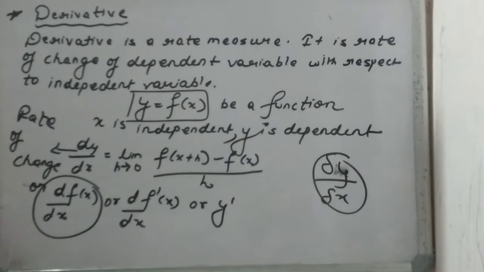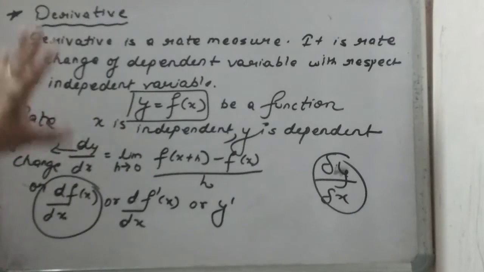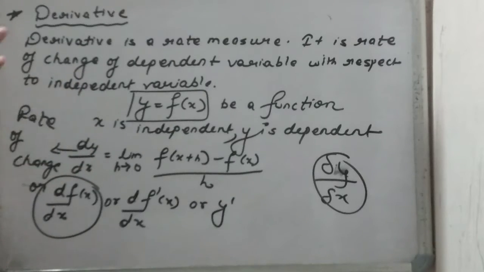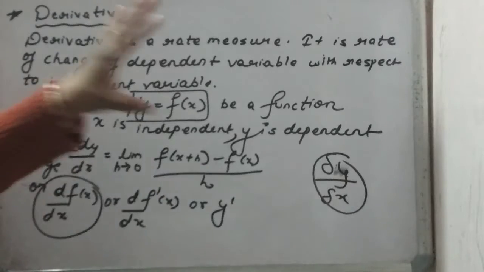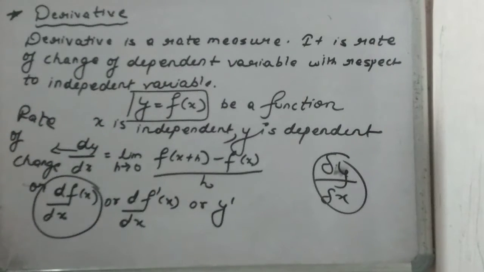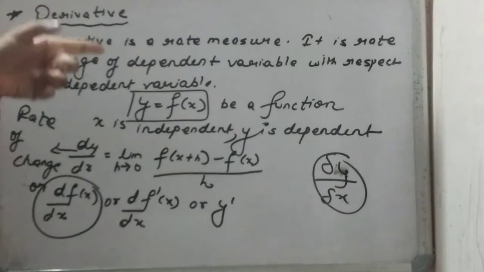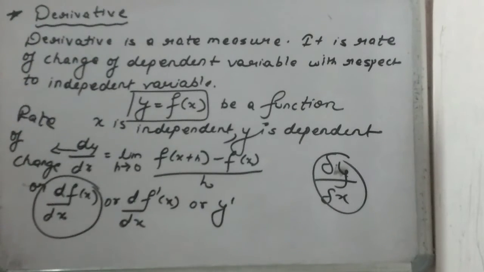Now the process of finding any derivative is known as our differentiation. If you are finding the derivative of any function, that process is called differentiation. And the process of finding the derivative of a function by using the above definition, what is written there, is called the differentiation from the first principle.